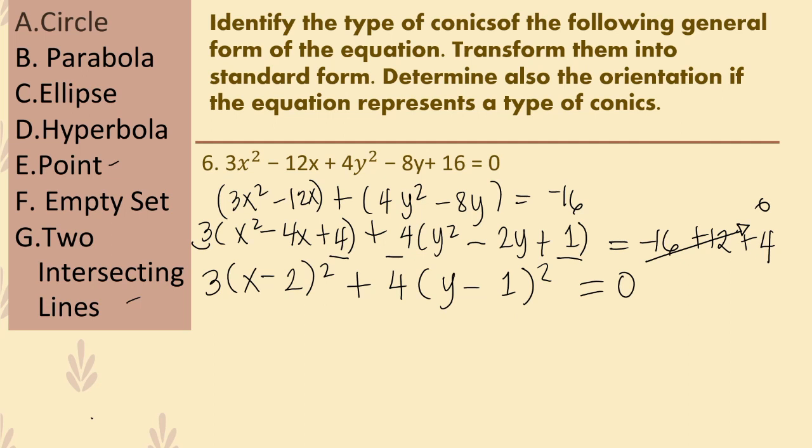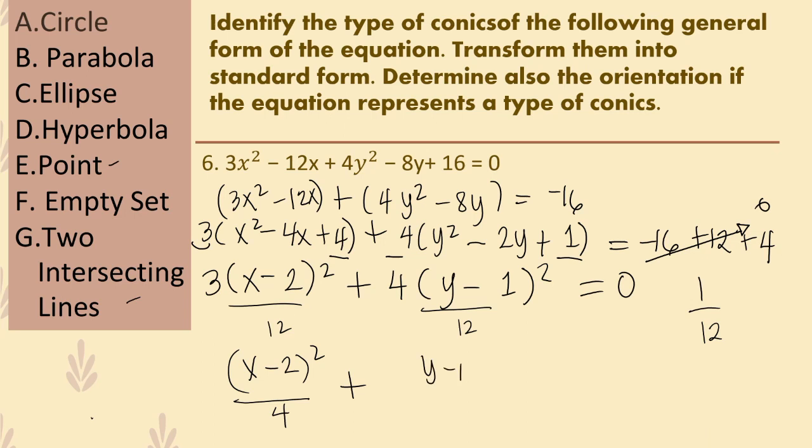So, i-multiply muna natin siya ng 1 over 12 para maging standard form. Magiging x minus 2 squared over 4 plus y minus 1 squared over 3 is equal to 0.